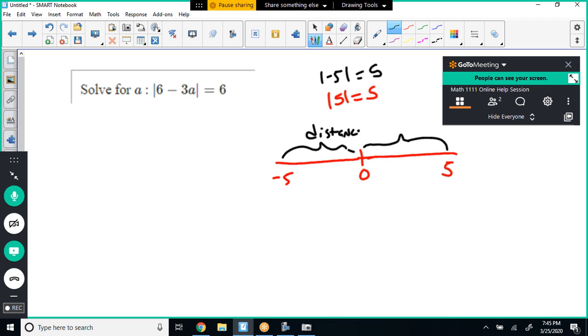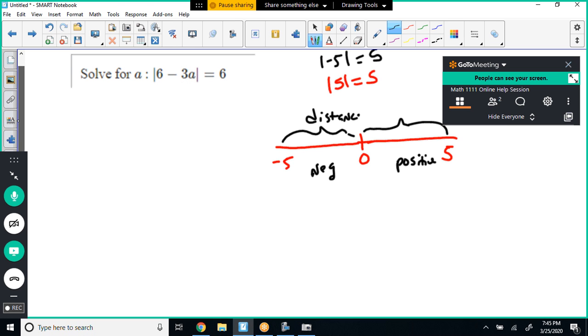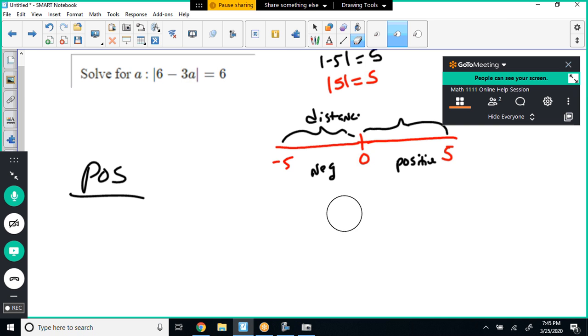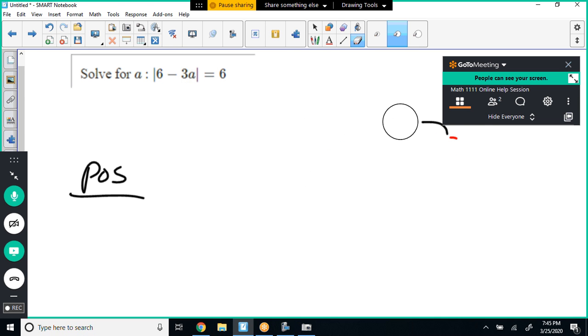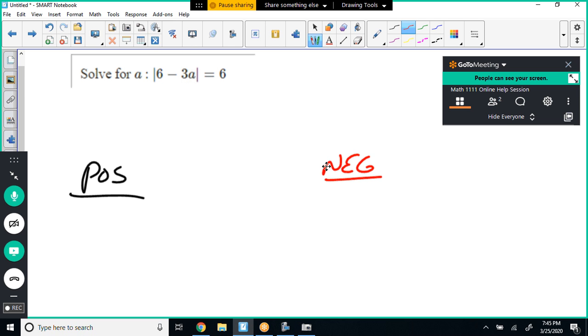Okay. Now, what you have to understand is you can have what is called a negative equation and what is called a positive equation. So I'll go positive over here, and then over here I'll go negative.